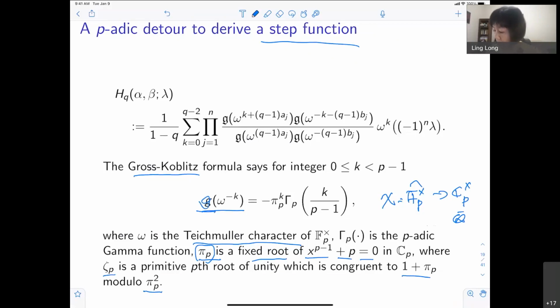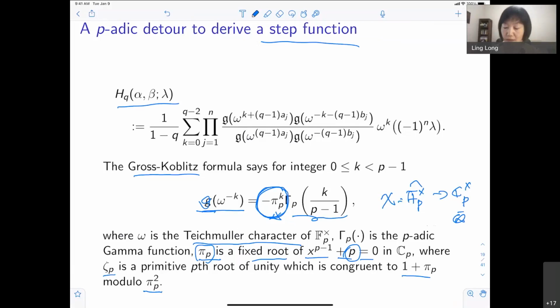It is going to be a fractional power of p, and then there is the p-adic gamma function. What I want to concentrate on today is how this power of p will be put together in the H function.